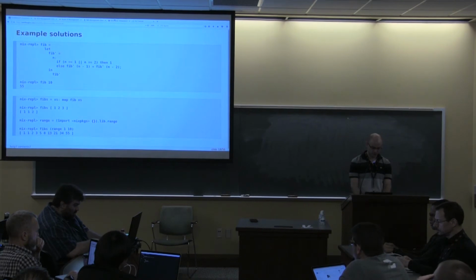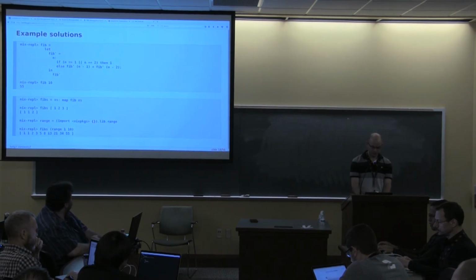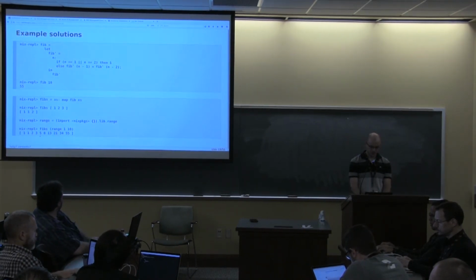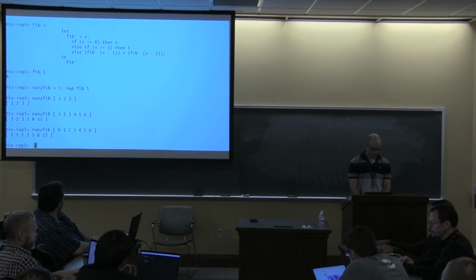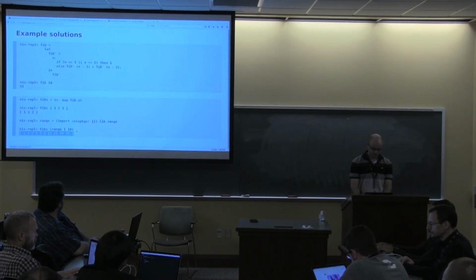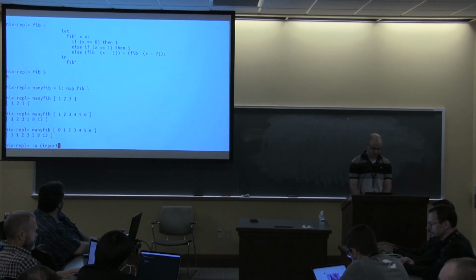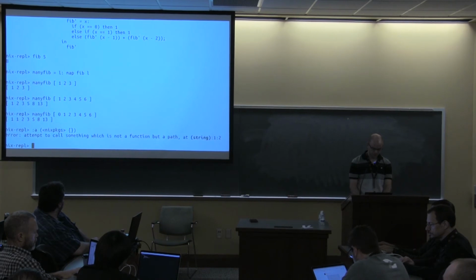So here's a similar one. I used range, which is a function that takes 2 arguments and gives you a list of integers. So if we use this handy syntax from before, I'm not sure if this will work, but let's try it.